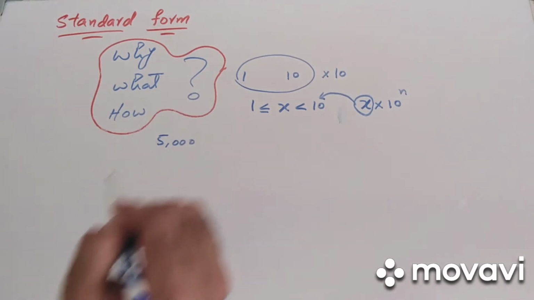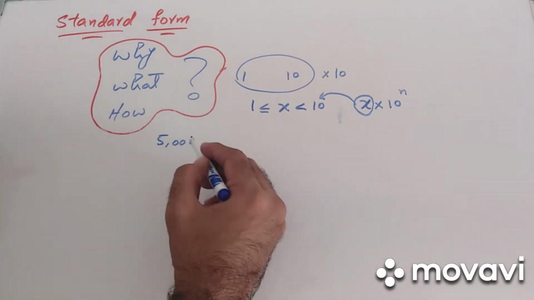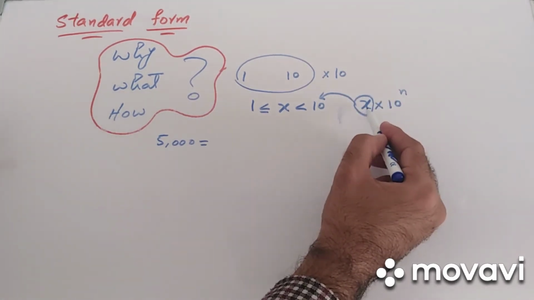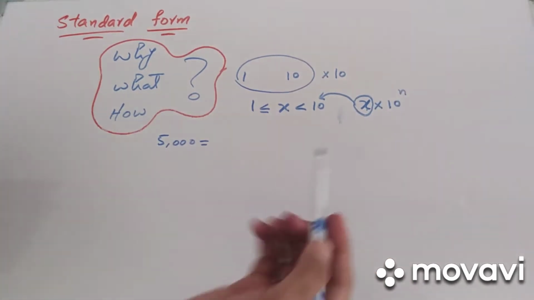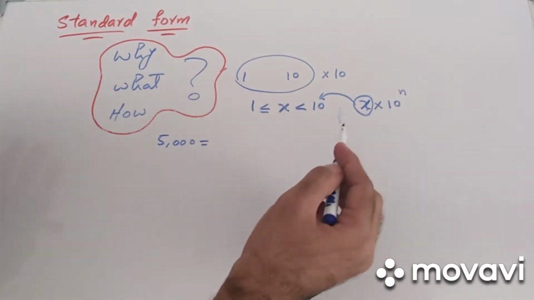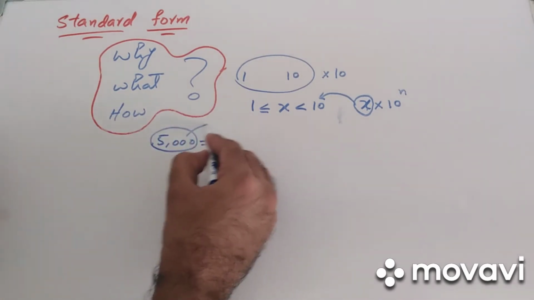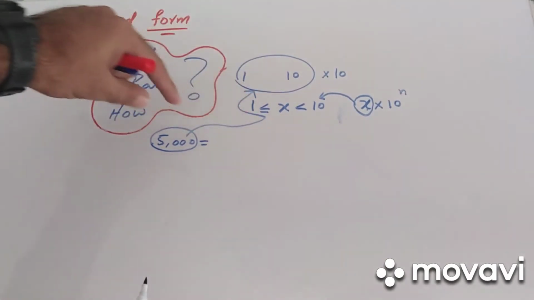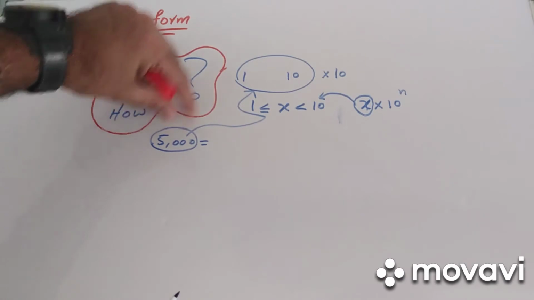What we have to do is change this number 5,000 into the format x times 10 to the power of n. First, leave the x aside and check: is this whole thing between 1 and 10? Of course not, because 5,000 is more than that. So you have to keep this number within that range.